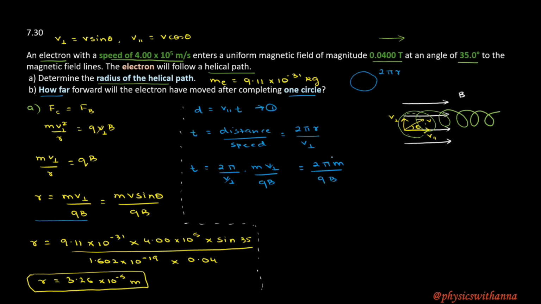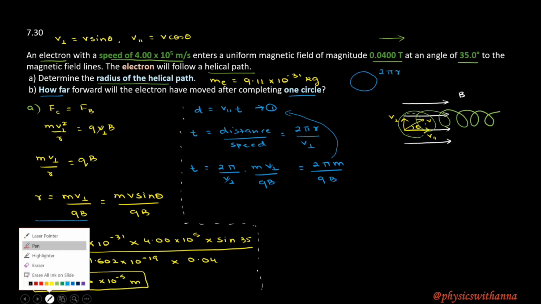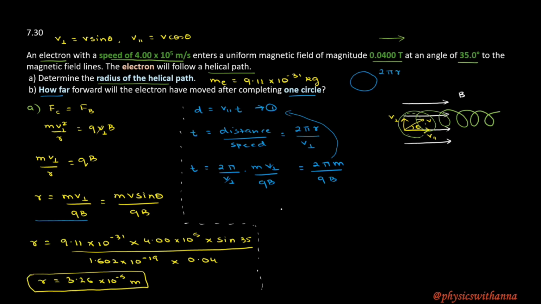Now let's substitute this value of time in equation 1 here. So we can rewrite d to be equal to v parallel times t, which will be v parallel we can write as v cosine theta, time t we can write as 2 pi m over qB.